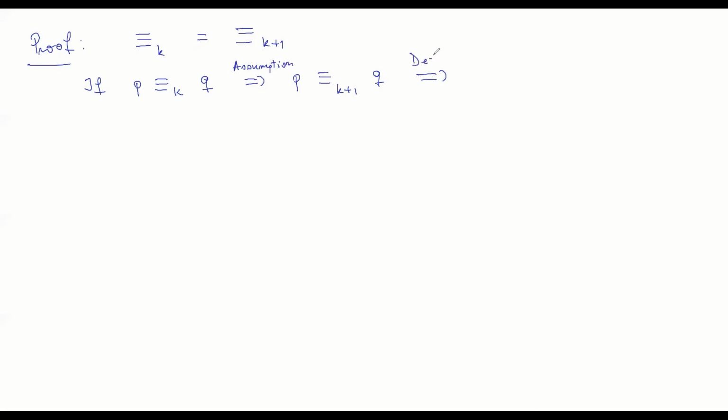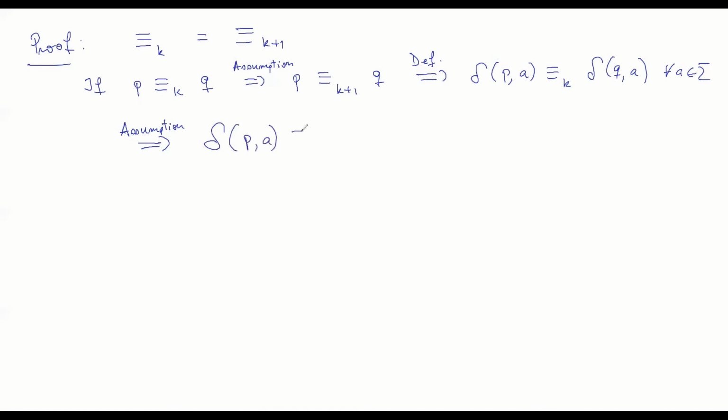And by definition, this implies that delta of PA is in this equivalence relation with delta of QA for all A in sigma. And again, by our assumption that these classes are the same, it means that delta of PA is in this K plus 1 relation with delta of QA, and that goes for all A in sigma.